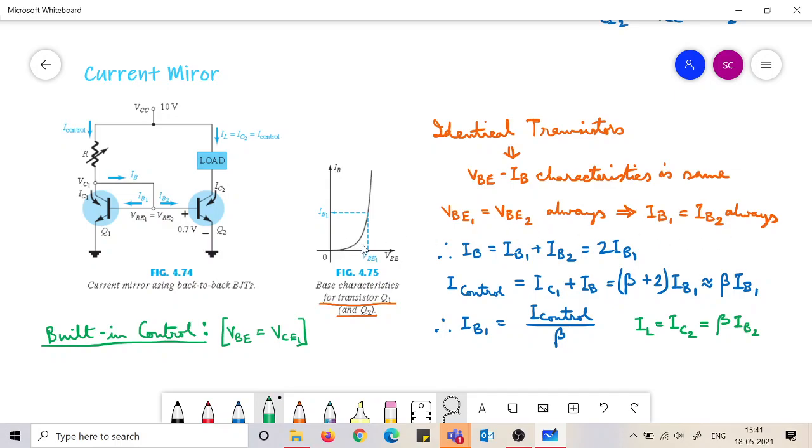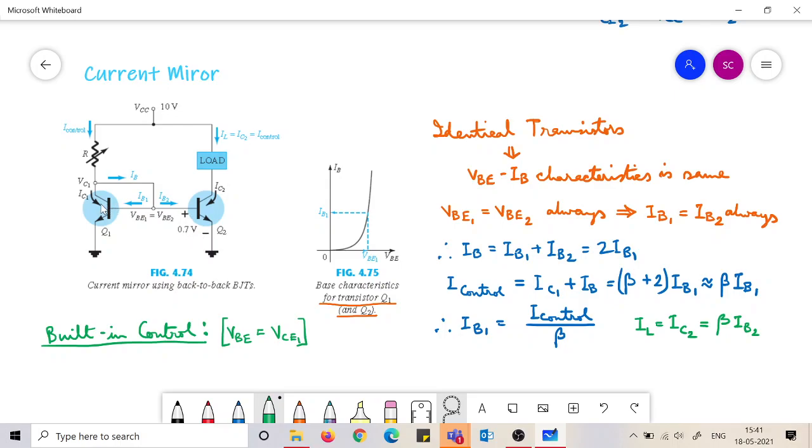I hope this point has gone across. So I repeat once more. Here you see, by the configuration, the bases are tied up together and the emitters are grounded directly. So VBE1 and VBE2 will be same all the time.